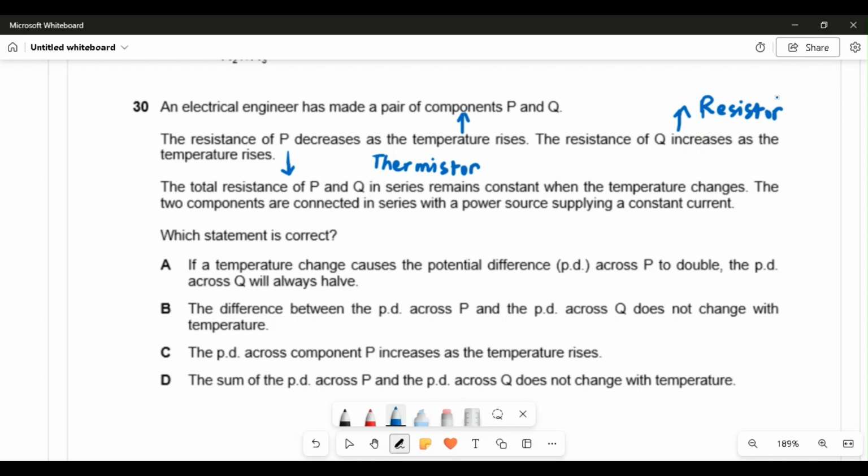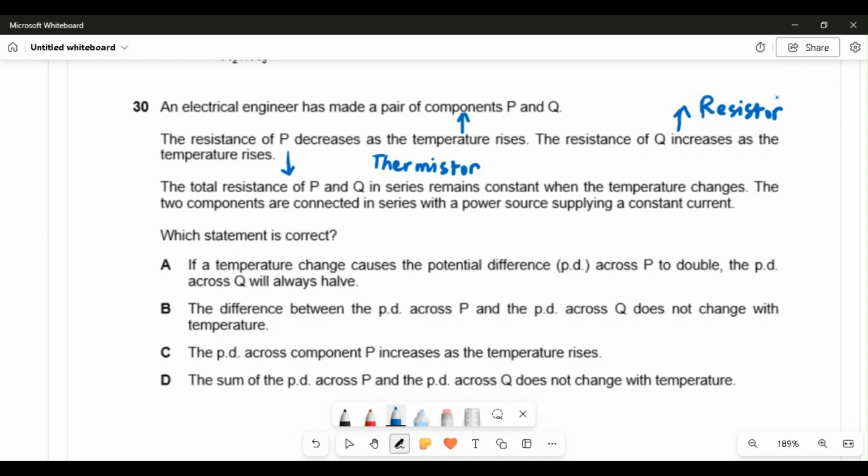For example, as much as the thermistor decreases, that much the resistor increases, so the total value stays the same. If the thermistor and resistor initially have 4 ohm each, and the thermistor reduces to 3, the resistor goes to 5. Their sum is 4 plus 4, 8, and 3 plus 5, 8. Similarly, if the thermistor goes to 2 ohm, the resistor will go to 6 ohm, and the sum will remain 8.